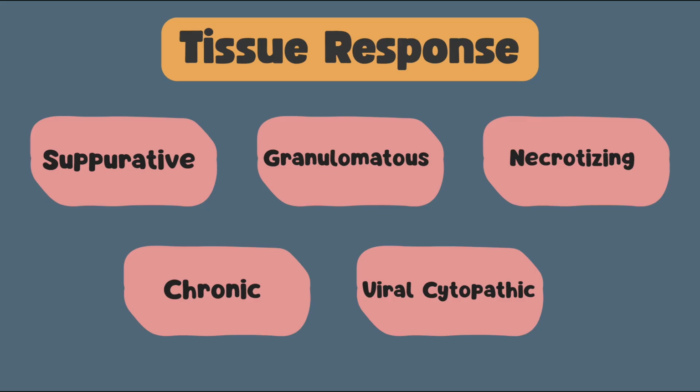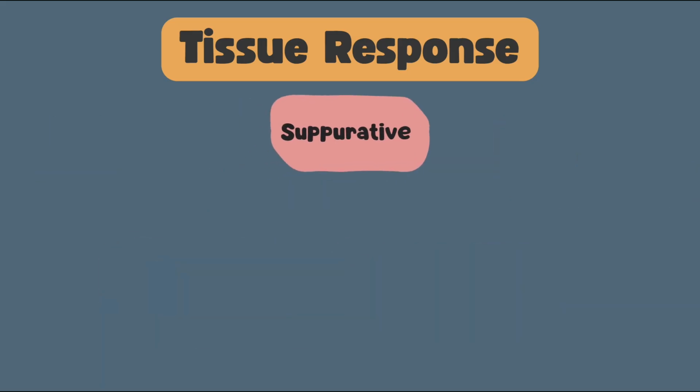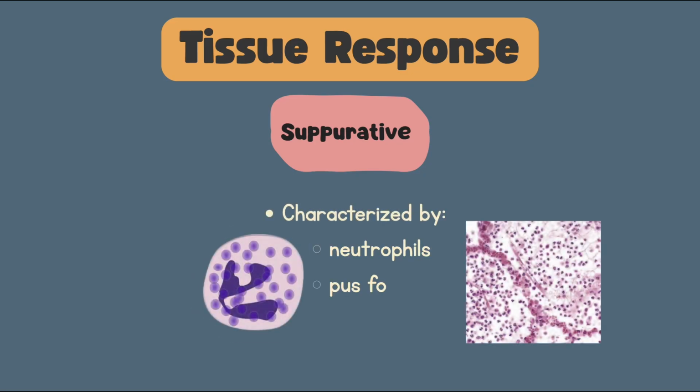Let's start with the first one, which is the suppurative purulent and inflammatory response. This response is characterized by large numbers of neutrophils and pus formation, and this pattern often leads to abscess formation. An abscess is basically just a localized collection of neutrophils and liquefactive necrosis.